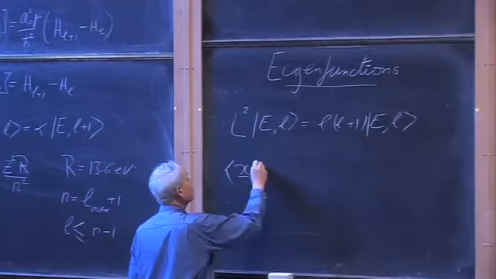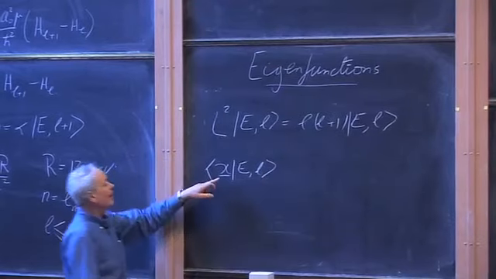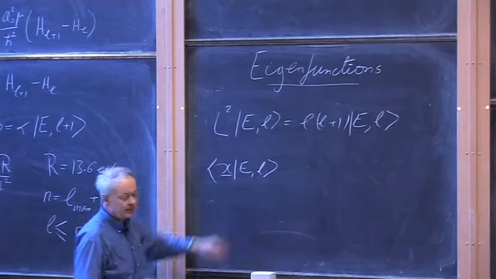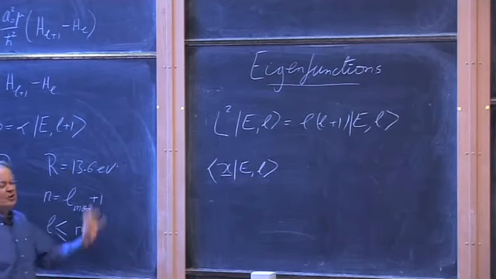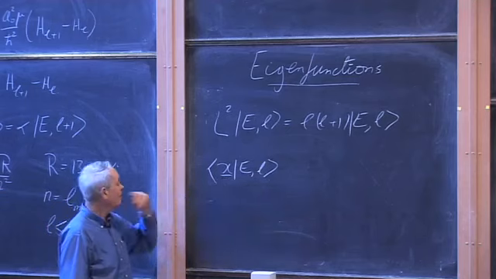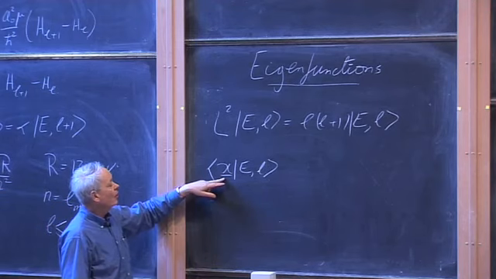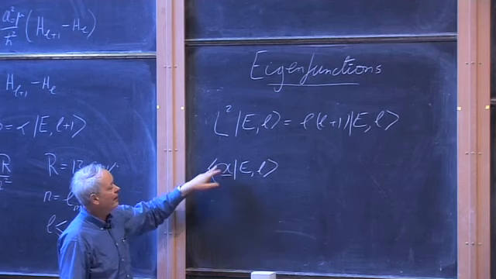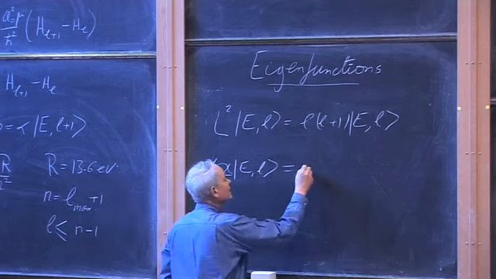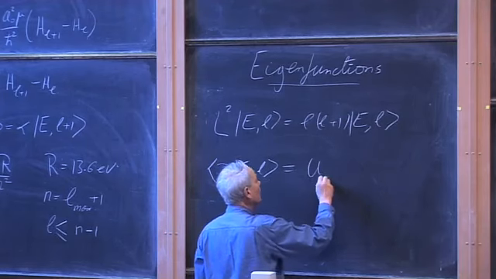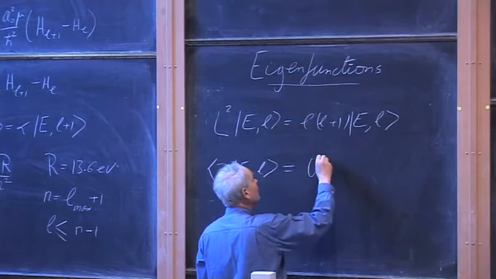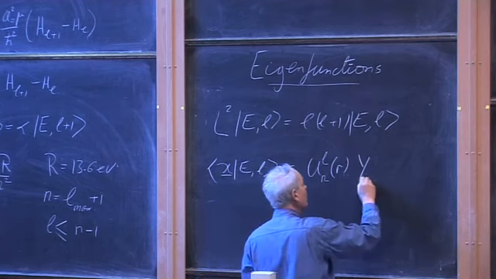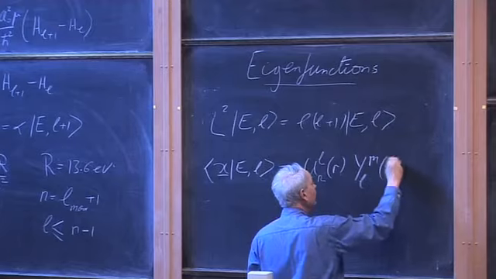The amplitude defined at x, for the reduced particle strictly speaking, takes the form of some function, which presumably depends on the energy and on the angular momentum, times r, times Y_Lm of theta and phi.